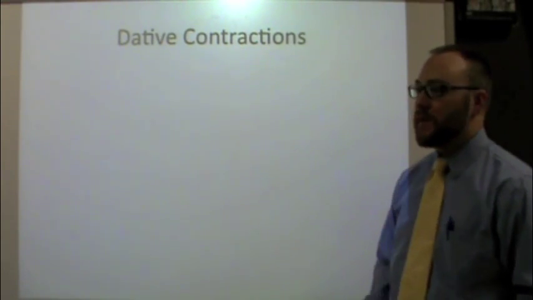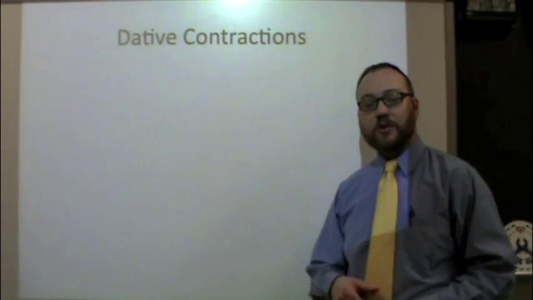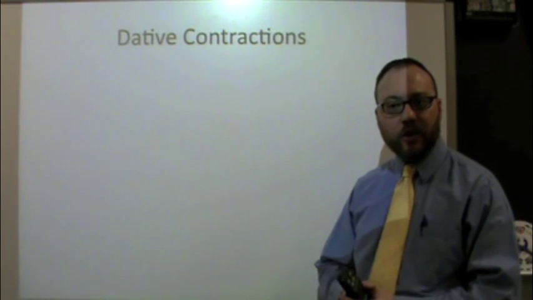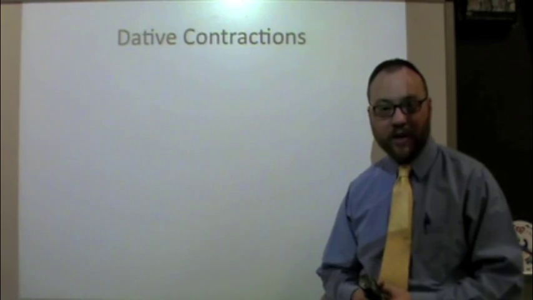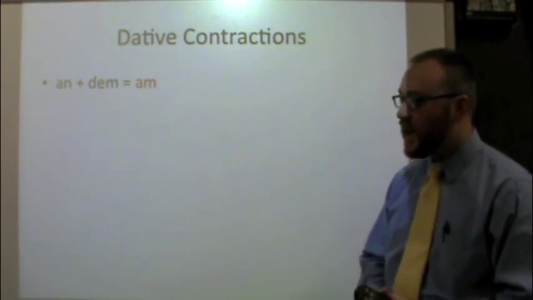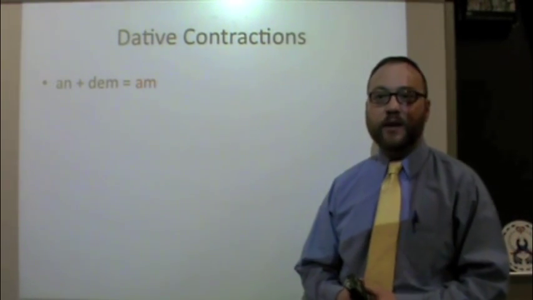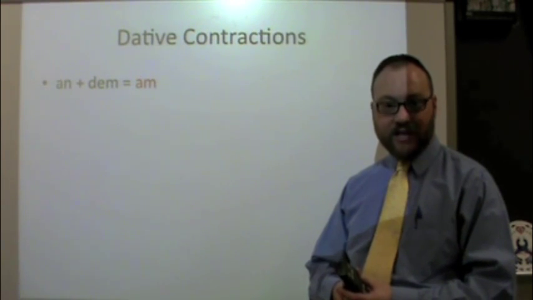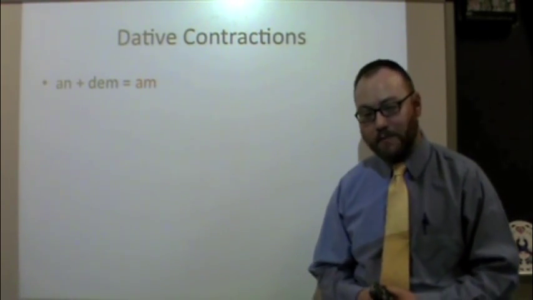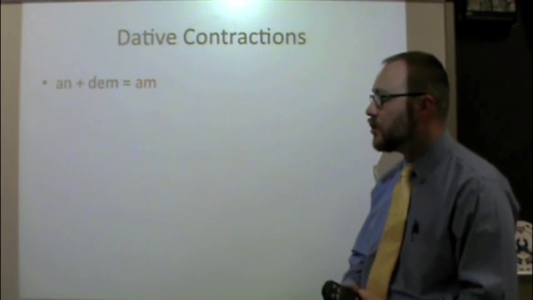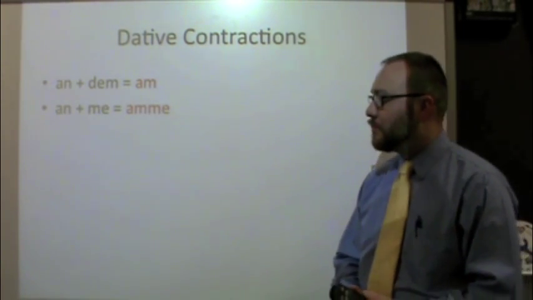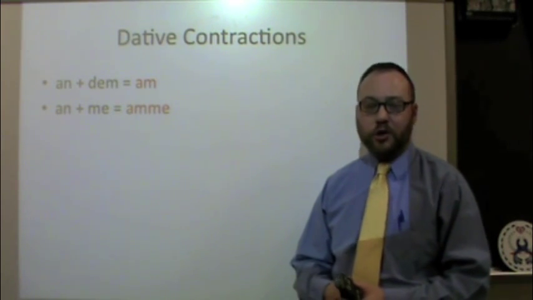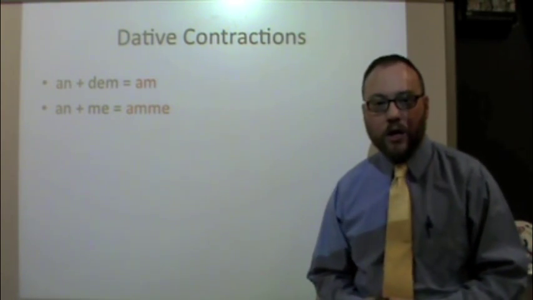Now, some of these can make contractions, and we covered this in our dative video and our accusative video before. Accusative and dative prepositions can form contractions depending on the situation. Here are the dative ones. If you're using an, and the next word is dem, which would be like a masculine or a neuter noun, then you can make the word am. An plus me, which would be your neuter form, would be amme.